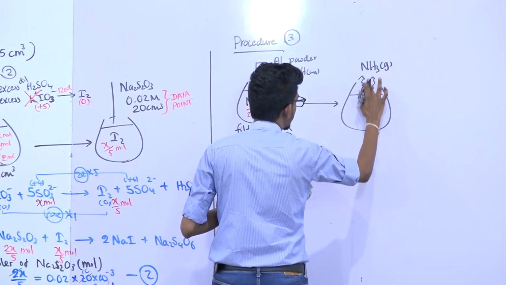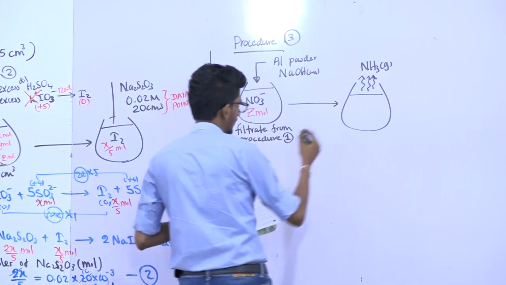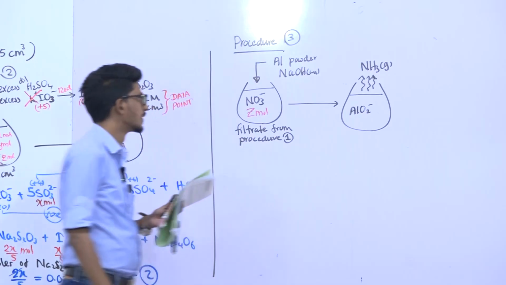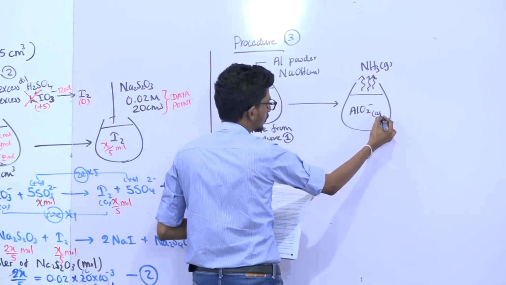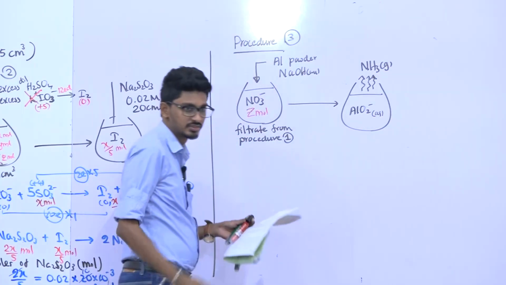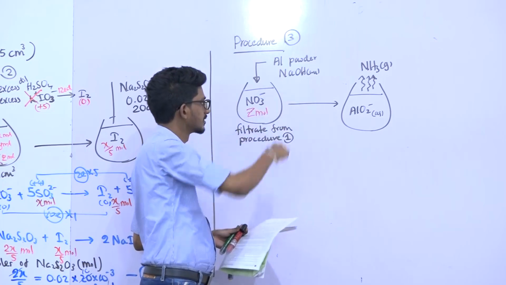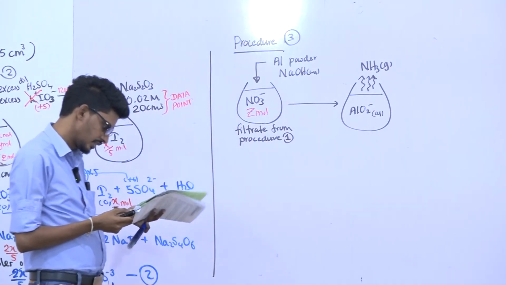The aluminium dust test produces NH3 gas and AlO2 minus. In basic medium, what will happen?